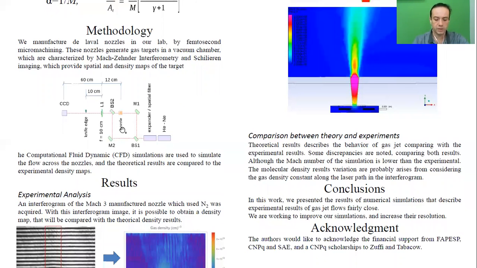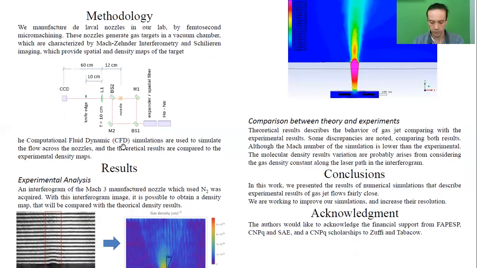The simulation is used to understand the flow and the phenomena that can happen when the gas is forced through a homemade de Laval nozzle. In this work, we simulated a nozzle etched in an aluminum plate by an ultra-short pulse machining system in our lab.